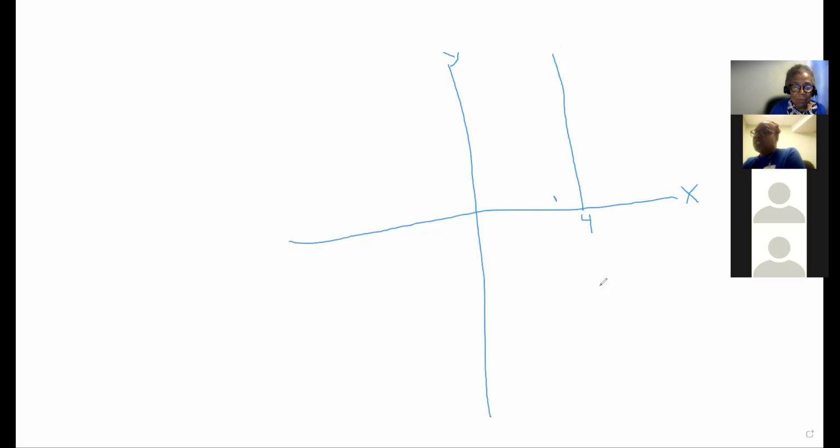So if the X value is staying the same, that means I'm dividing by 0. That's undefined, okay?